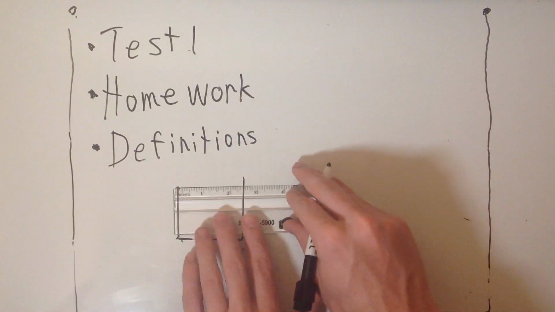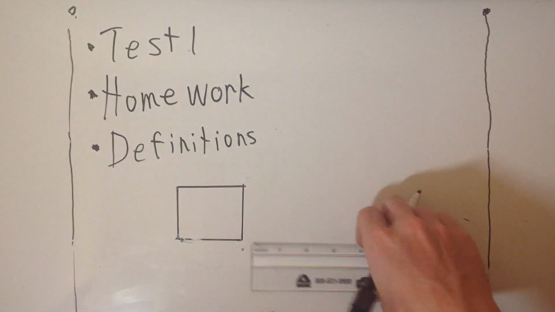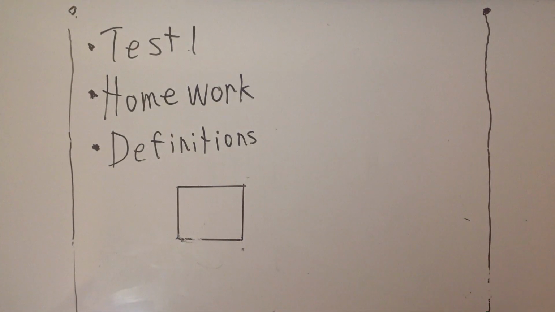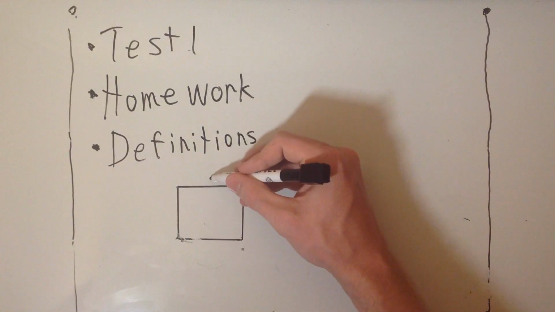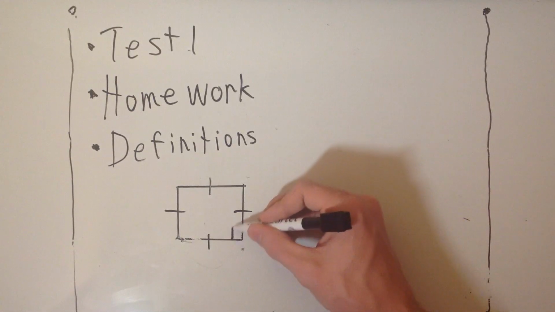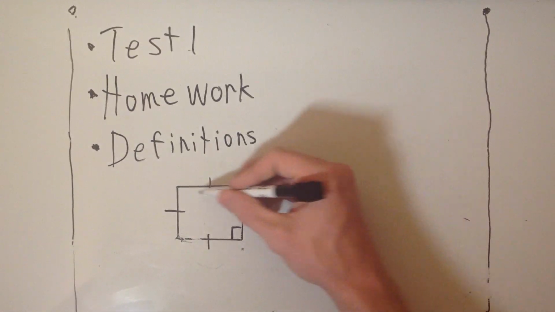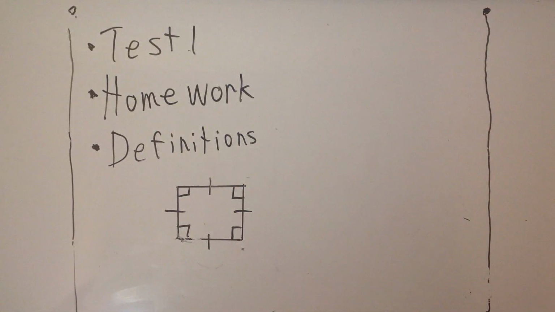And so here, the shape I am drawing is not a square right now. But if I define it as a square, it becomes a square. So a square has four congruent sides and four congruent right angles. So now that is a square.